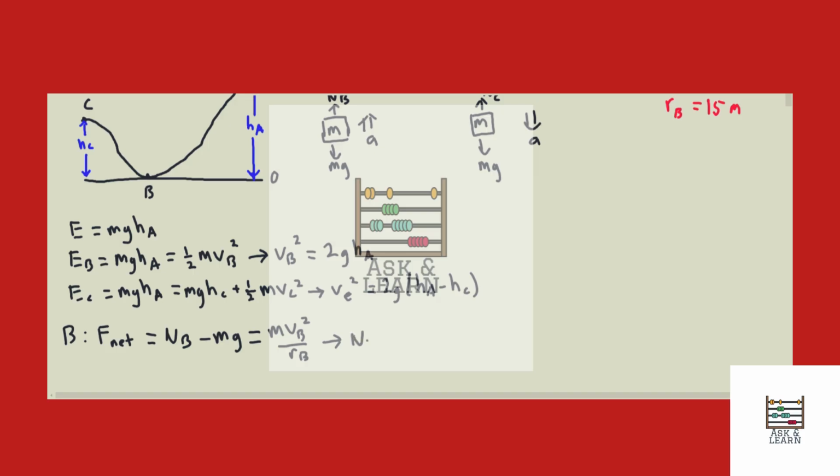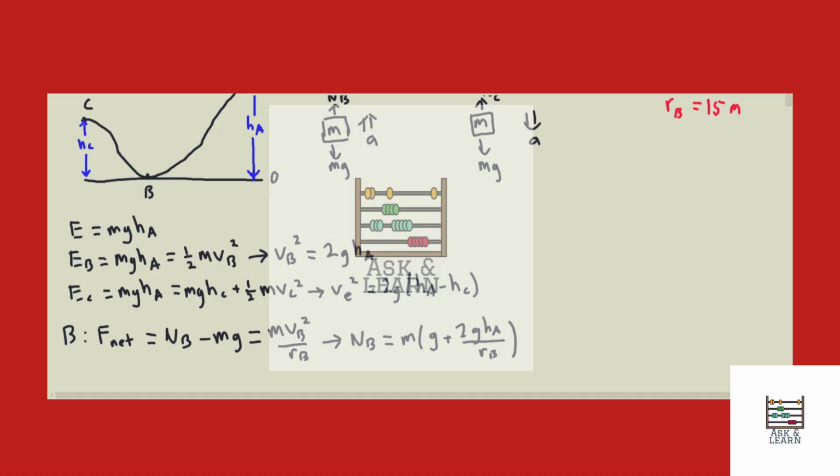And then we solve that for our normal force at B, and we get that equal to m times g plus 2gh_A over r_B.